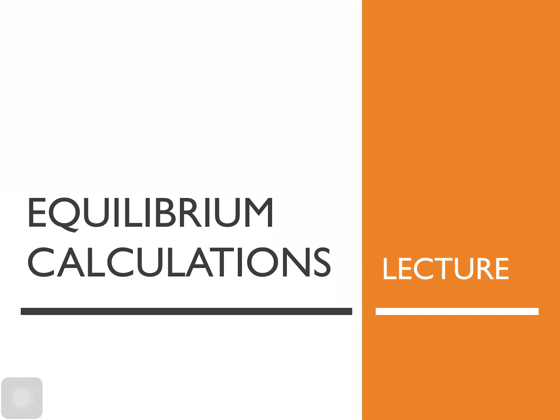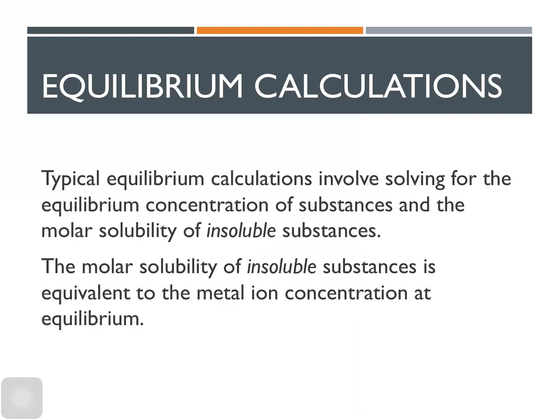So that will require us to know the direction of the reaction and how to solve for equilibrium constants or equilibrium expressions. Typically this involves solving for equilibrium concentration and the molar solubility of insoluble substances.